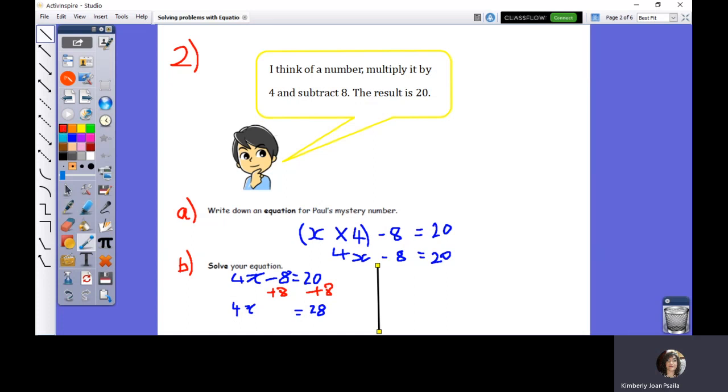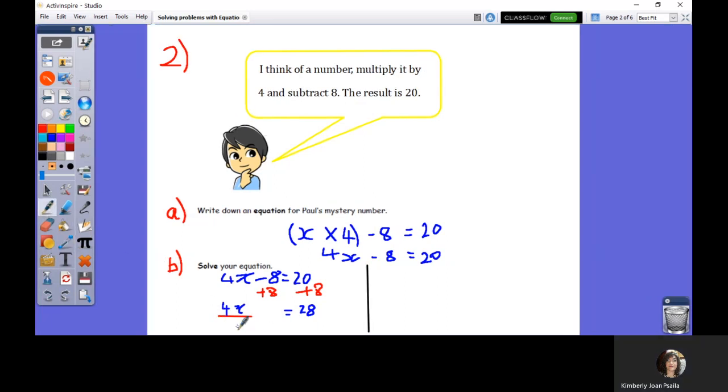Okay, now we have to get rid of this 4 by dividing by 4 on both sides. So this simplifies with this. So x equals 28 divided by 4 gives us 7. So the mystery number was 7 here.